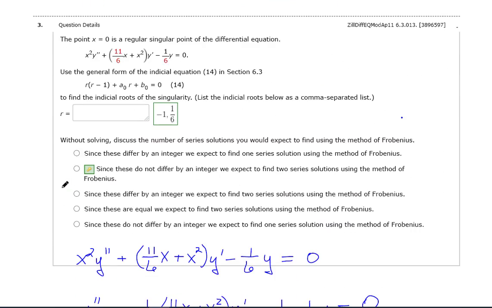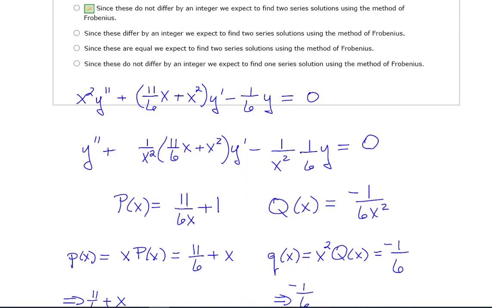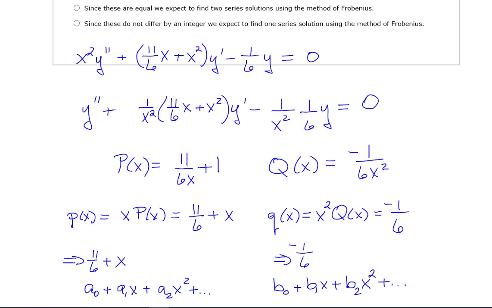All right. So here we're given our differential equation. I put it in standard form, and I'm doing that by dividing by x squared. All right, so when I do that, I get my capital P of x term and my capital Q of x, simply distributing the term in.